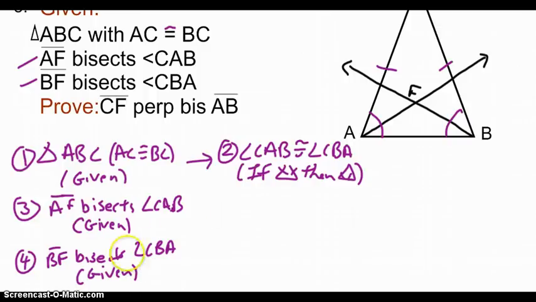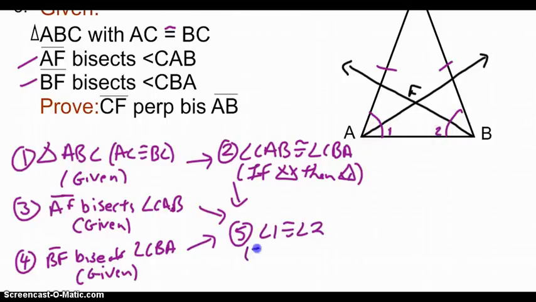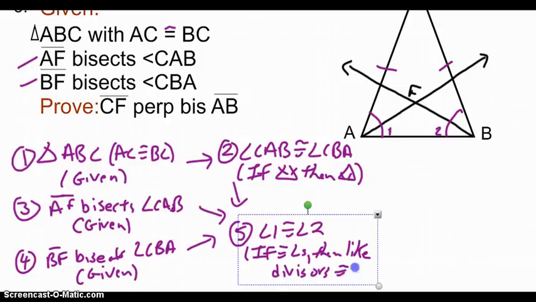Because we have double bisect and we have the larger angle CAB is congruent to angle CBA, we can now say angle 1, I'm going to go ahead and label the little angles here, angle 1 is congruent to angle 2 by if congruent angles, then like divisors are congruent.